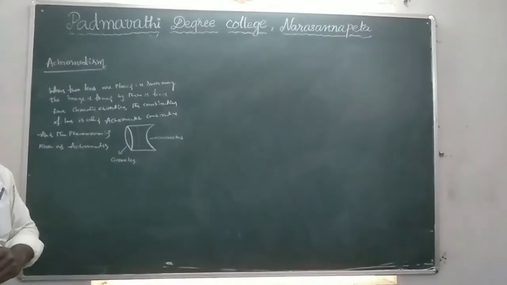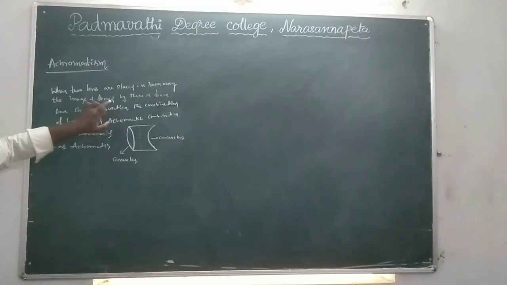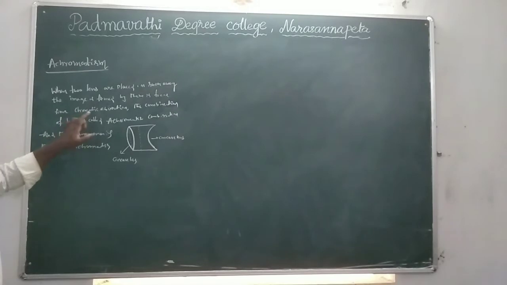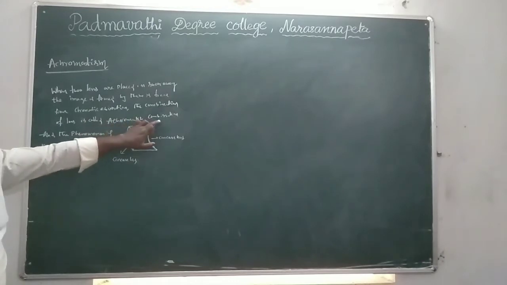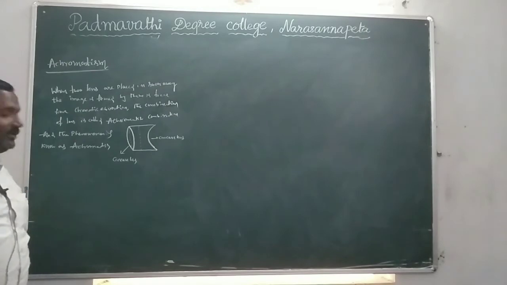Once again, when two lenses are placed in such a way that the image formed by them is free from chromatic aberration, the combination of lenses is called an achromatic combination, and the phenomenon is known as achromatism.